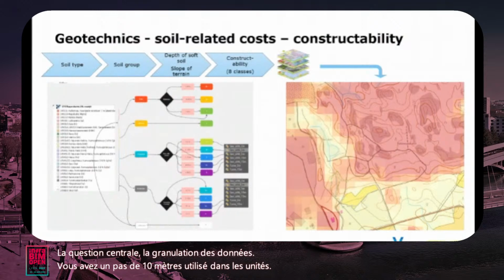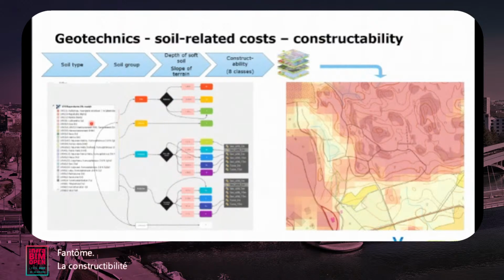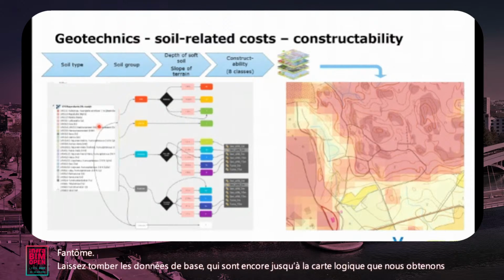Then the geotechnical part, my favorite topic, soil-related cost, the constructability. From the base data, which is the geological map, we get soil type and soil group.